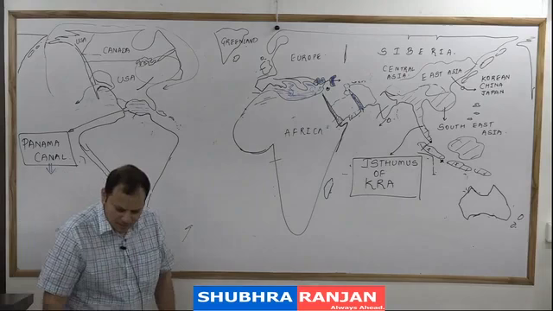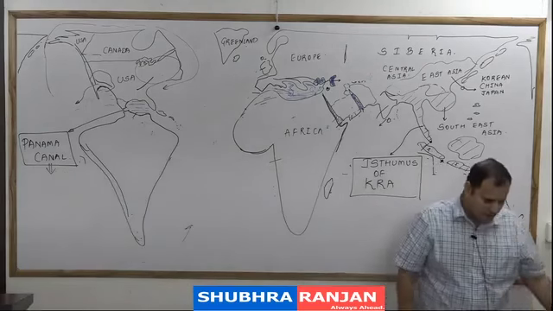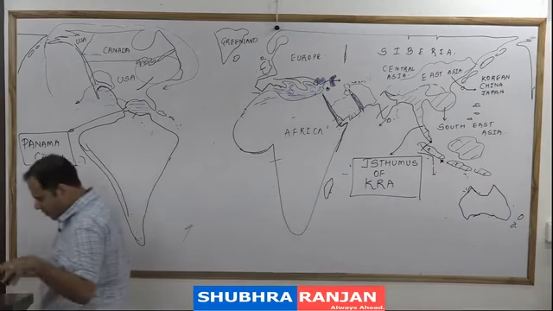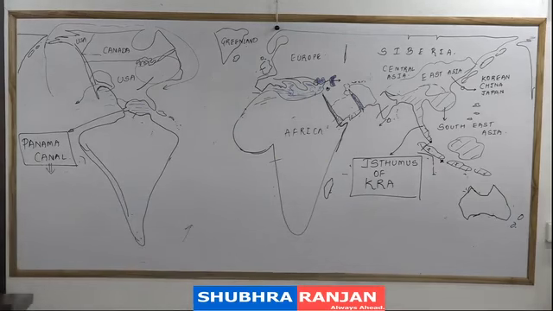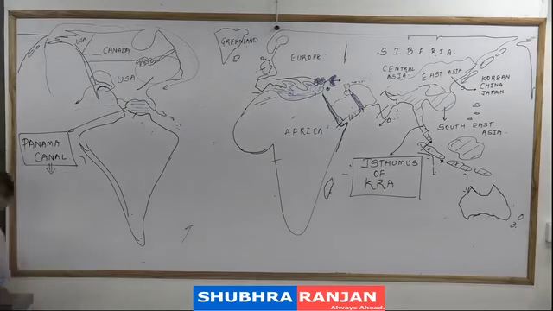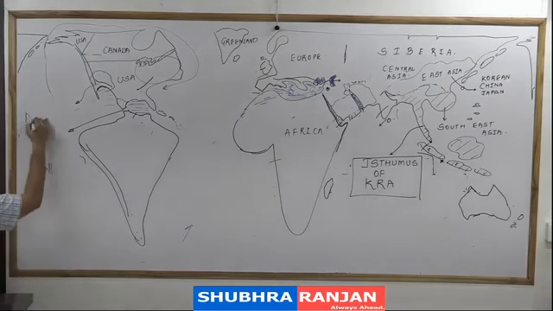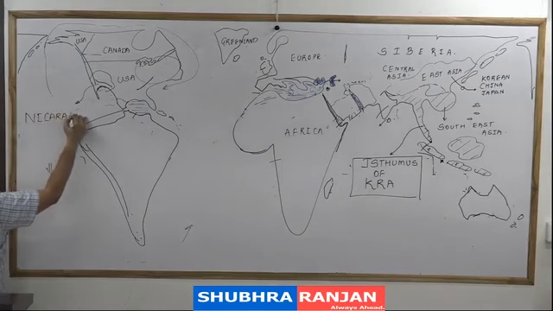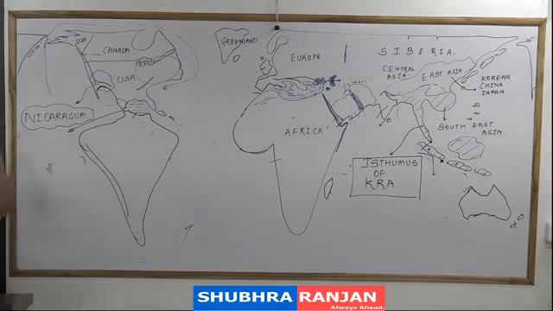So an alternative to the Panama Canal is proposed by cutting a channel through Lake Nicaragua. Mila Lake Nicaragua.